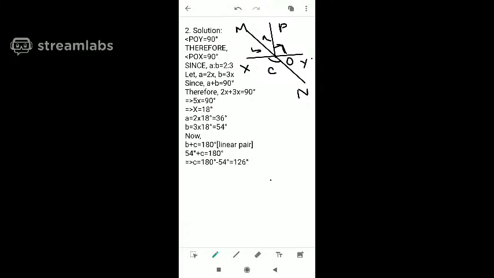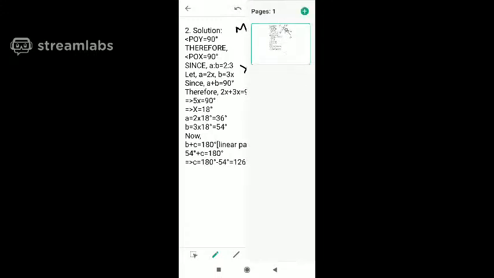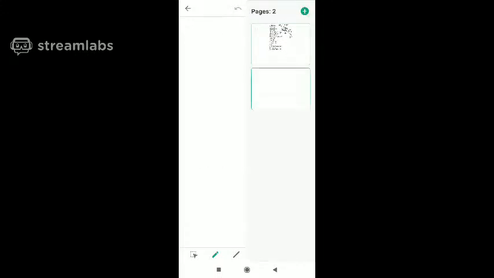Now going to do question number 3. Now question number 3, here first I am going to draw the diagram. So diagram is given like this.